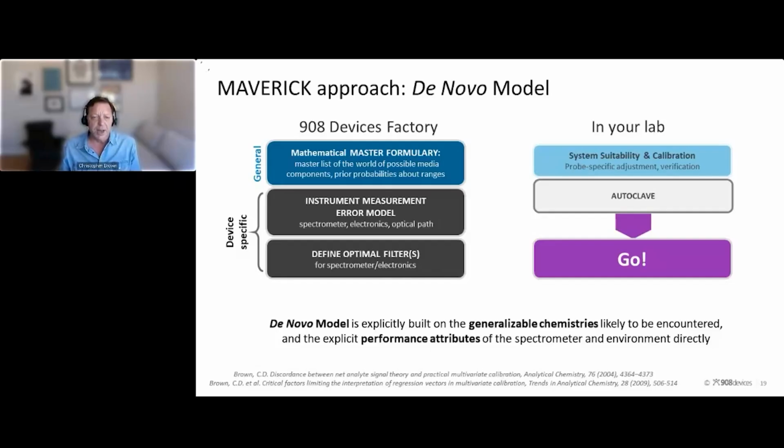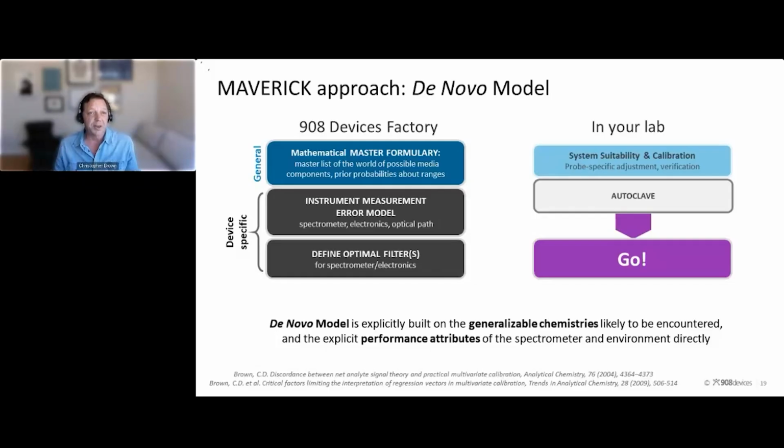So this is a master list of the whole world of possible media components across all sorts of mammalian media, not a specific media, but the actual components of the media. Along with the list is a probability density. So it's really a large matrix that has prior probabilities about the typical ranges over which those media components would be found.